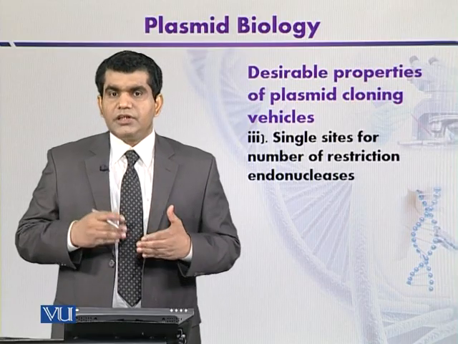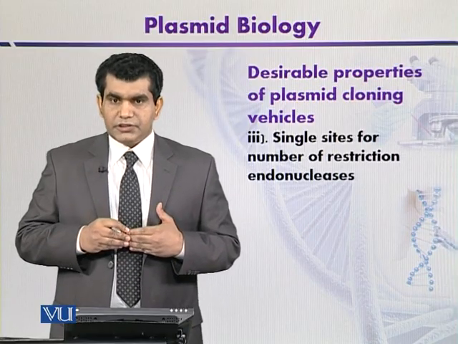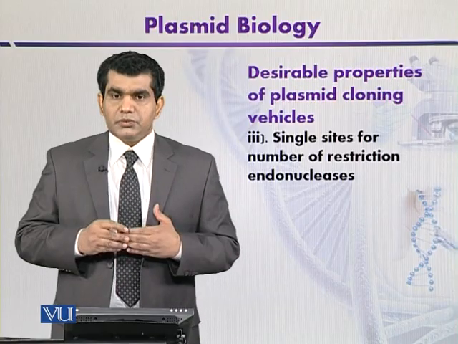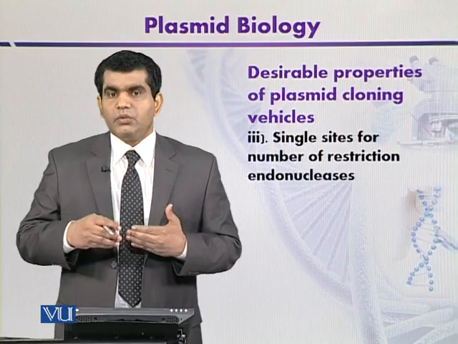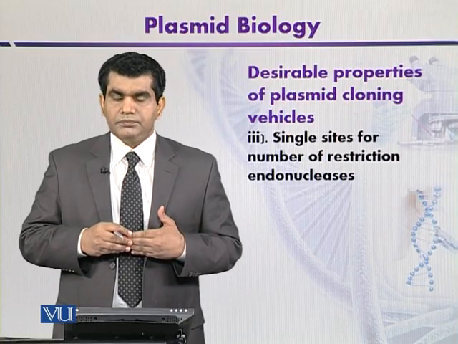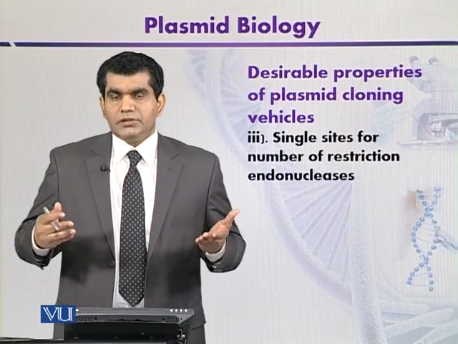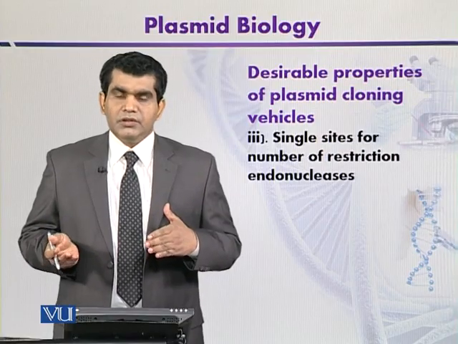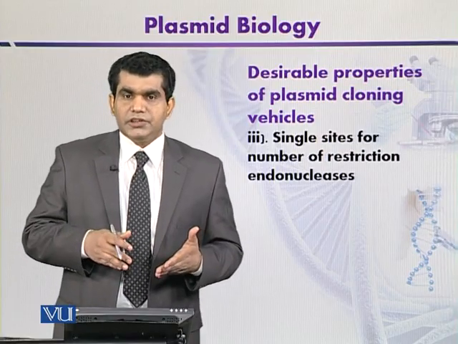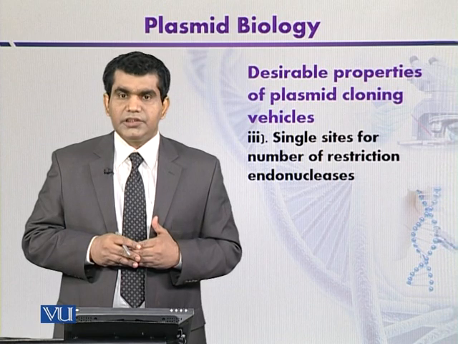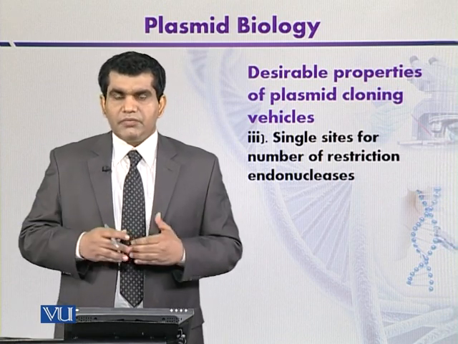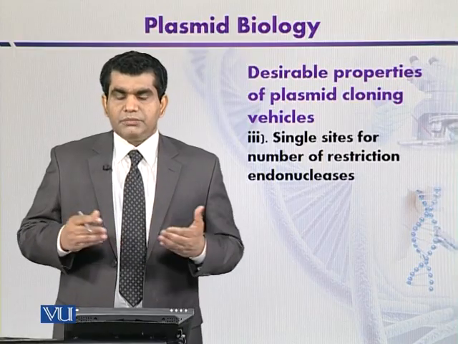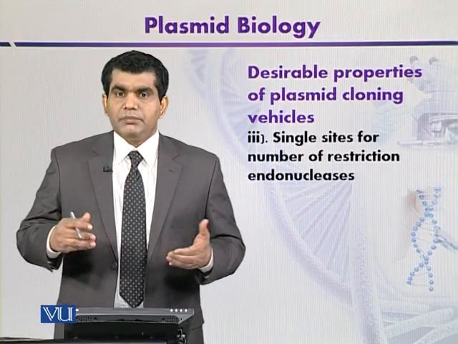So one trait, like antibiotic resistance, is frequently used as a selectable marker in gene cloning procedures. Like in some plasmids, an ampicillin resistance gene is there, tetracycline resistance is there, and even chloramphenicol or other types of antibiotic resistance markers can be encoded by the plasmids.